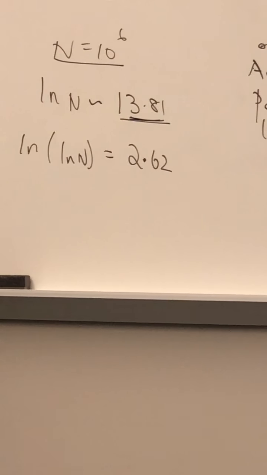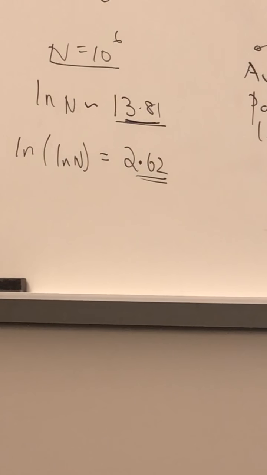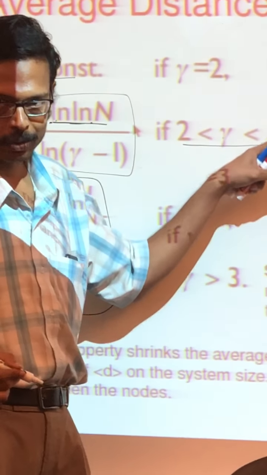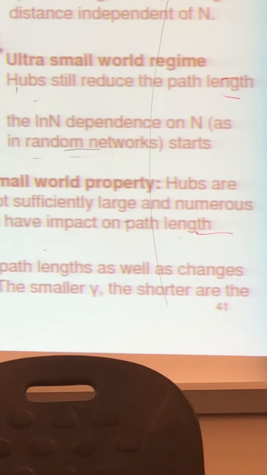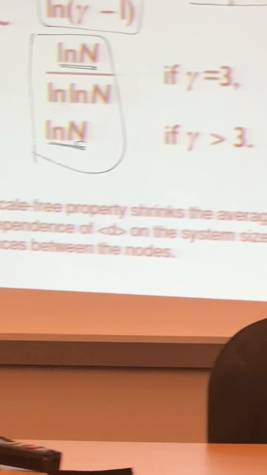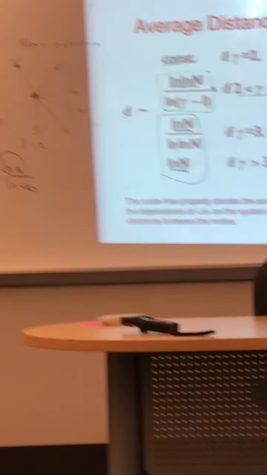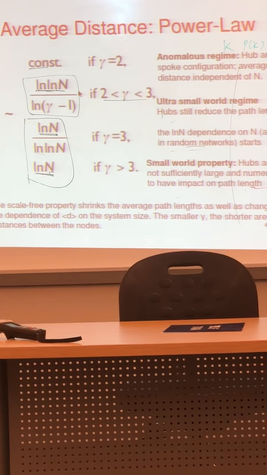If you take the logarithm of this, it's 2.62, so it's even smaller. That is why if the average path length is proportional to log log n, such networks are considered to exhibit the ultra small world property. Ultra means even smaller. And if it's proportional to log n, it's called just small world. Is that clear? Any questions?